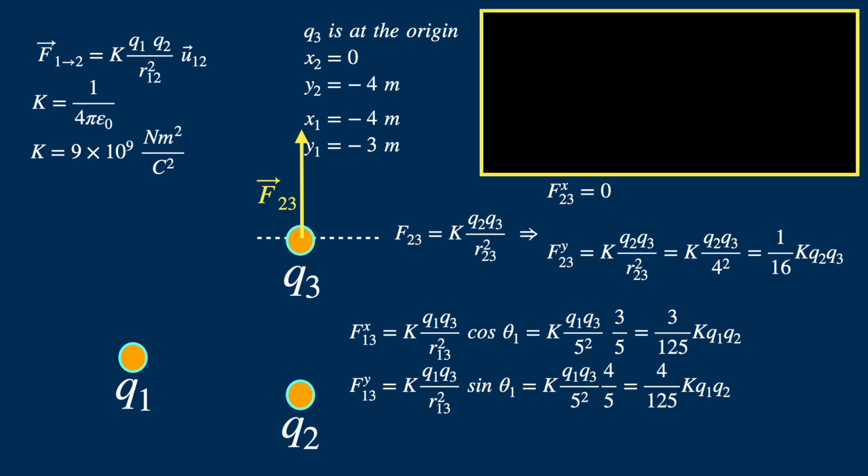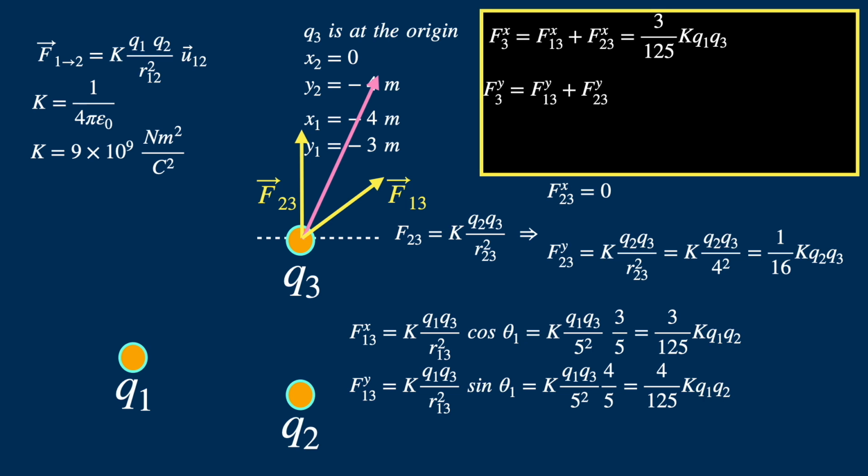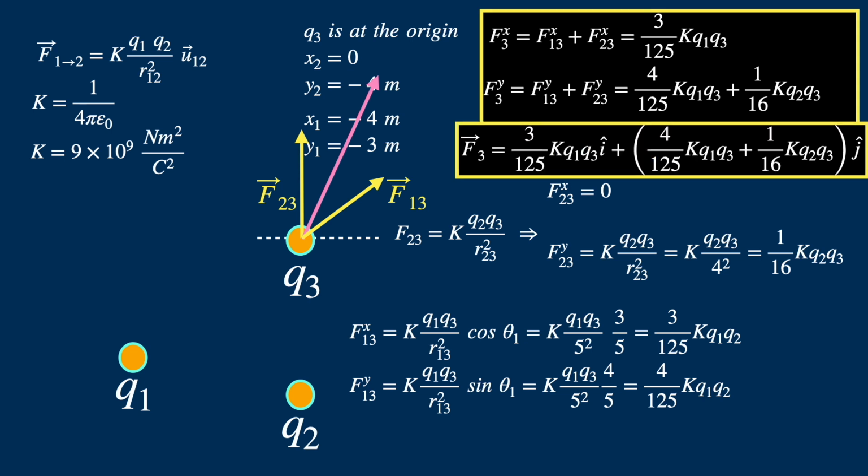We add all the x components together and all the y components together. That would be for x. And that would be for y. And this gives us this final force on particle 3.